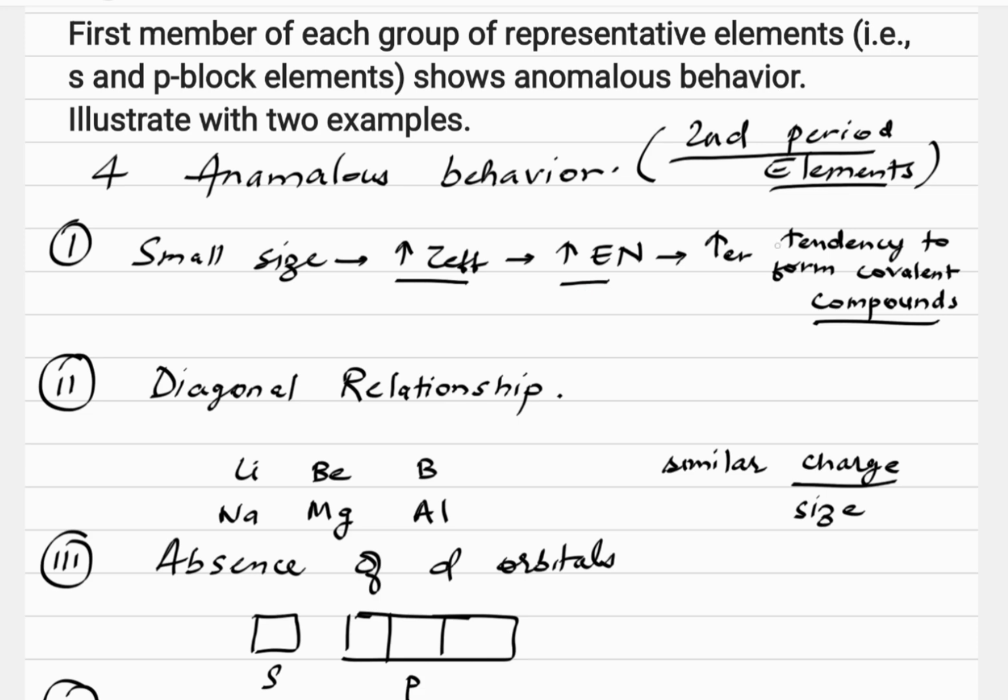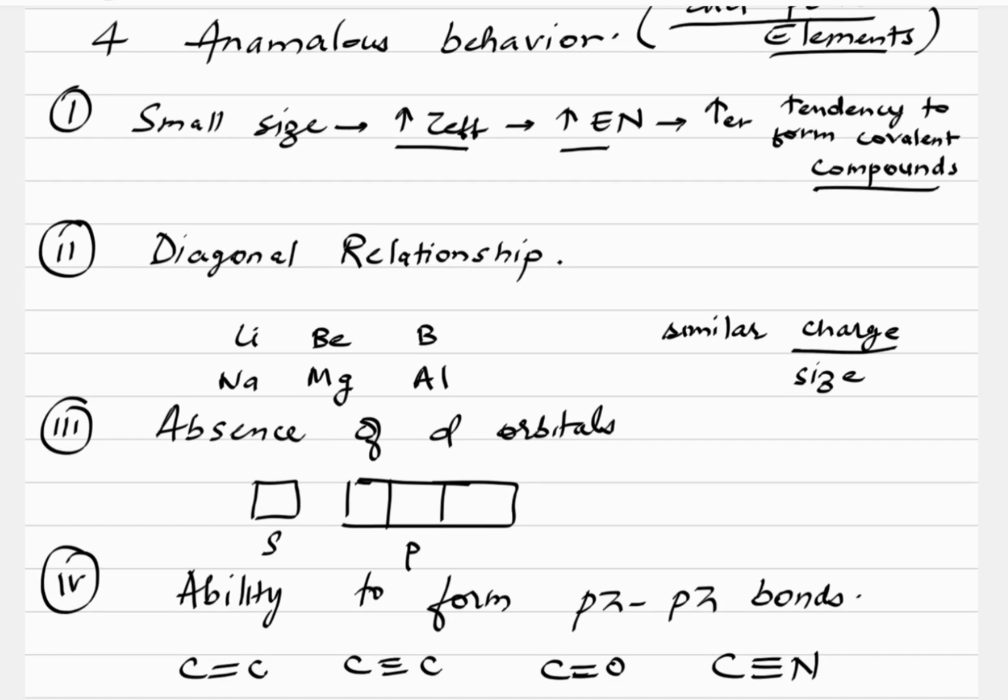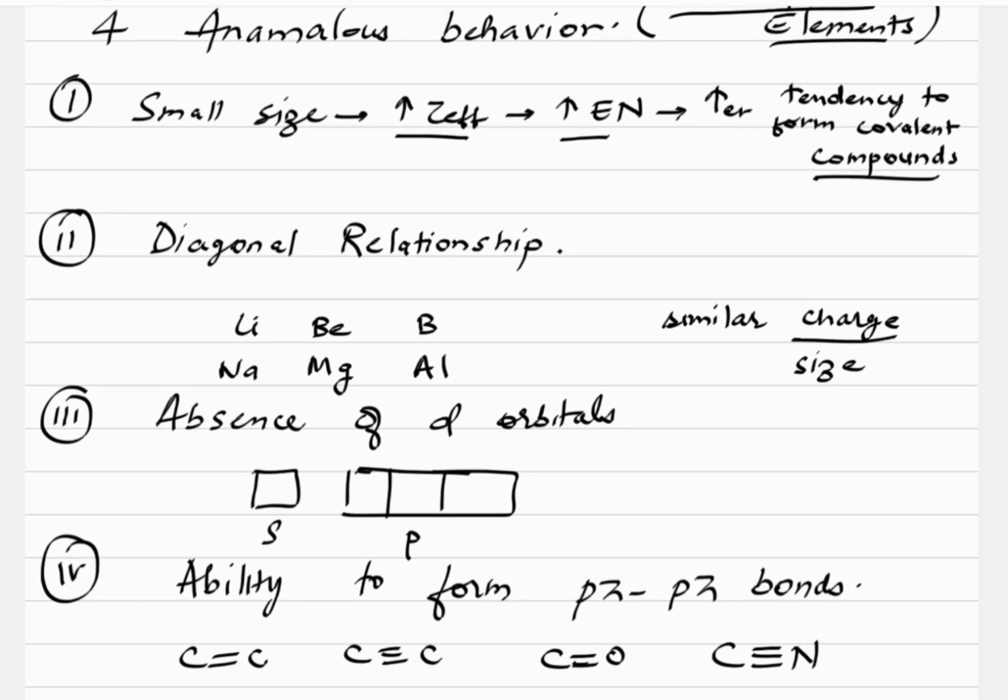Therefore, its tendency to form covalent compounds would be higher. Rather than losing electrons, it would form covalent compounds. It would prefer to share electrons. This is for metals.